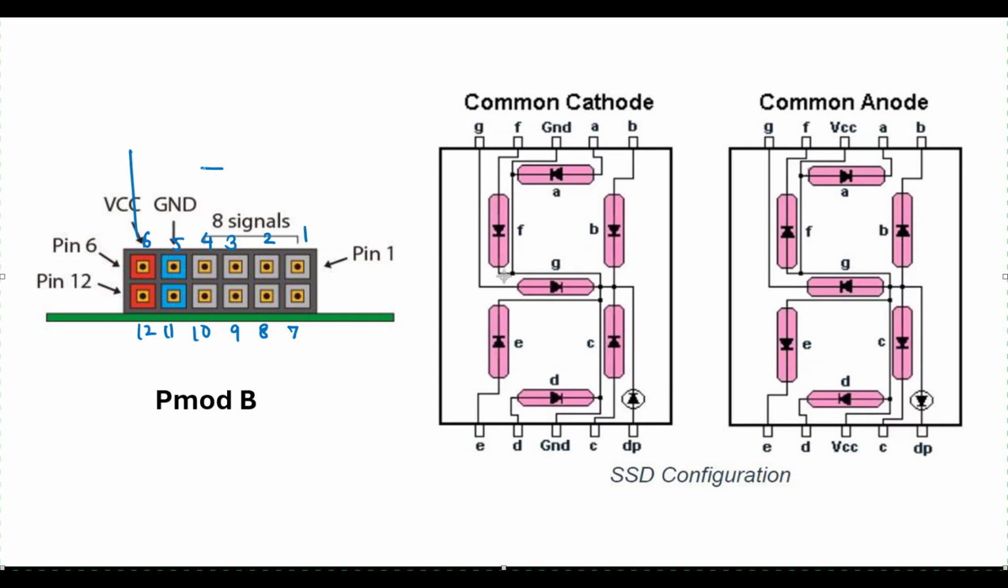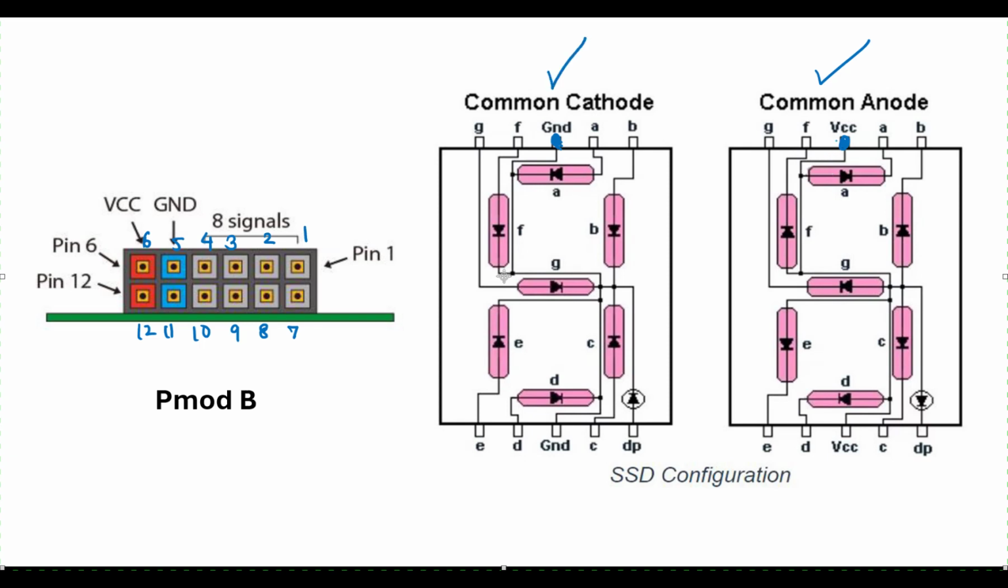Okay. So now depending on whether you are using common cathode SSD or common anode SSD, you will have to make a decision on whether you want to connect this common terminal, whether that needs to go to ground or whether that needs to go to VCC. So in this particular case, I am using common anode. Okay. In the lab, you will be using common cathode.